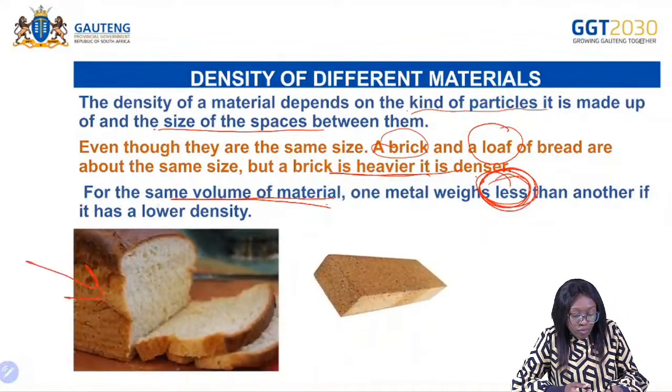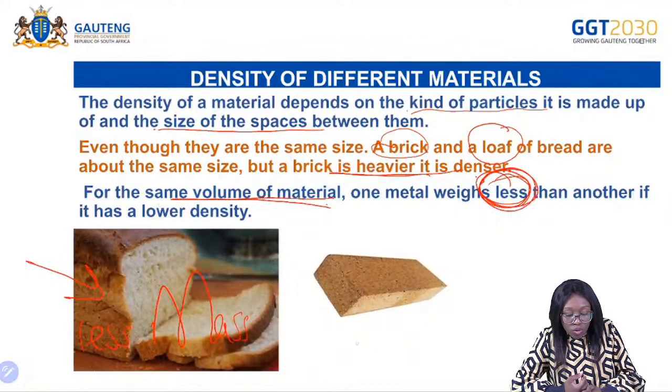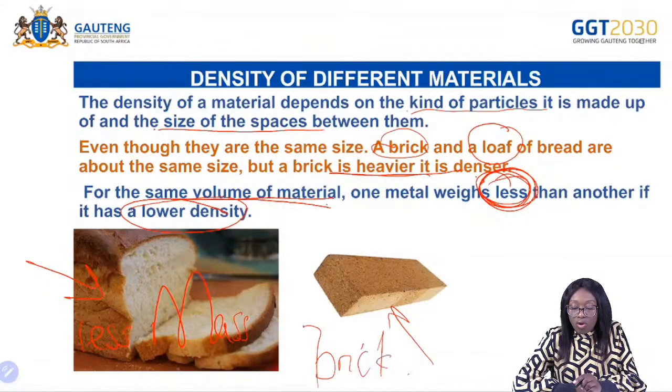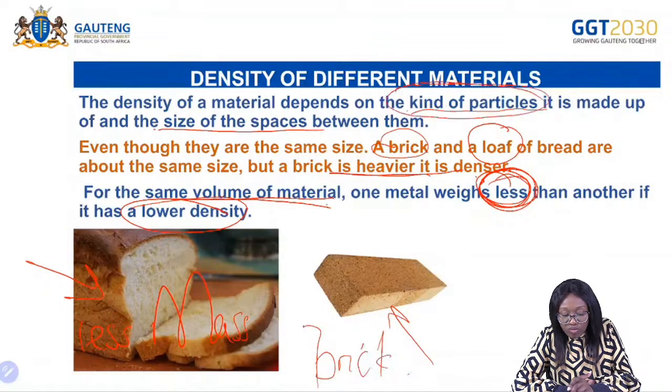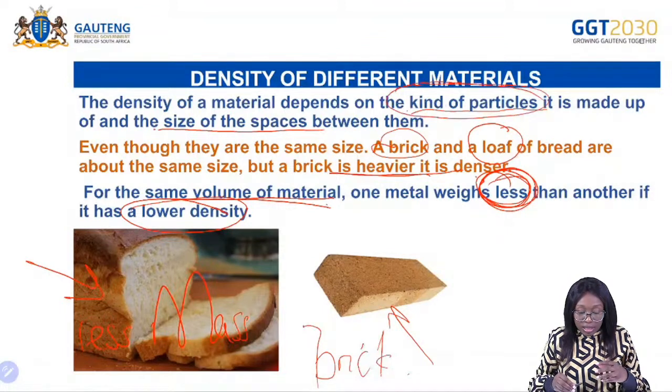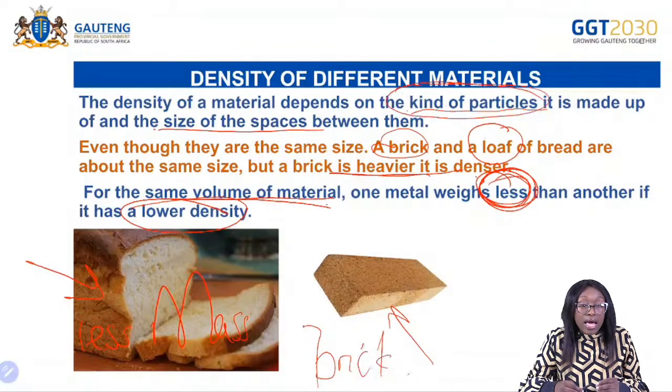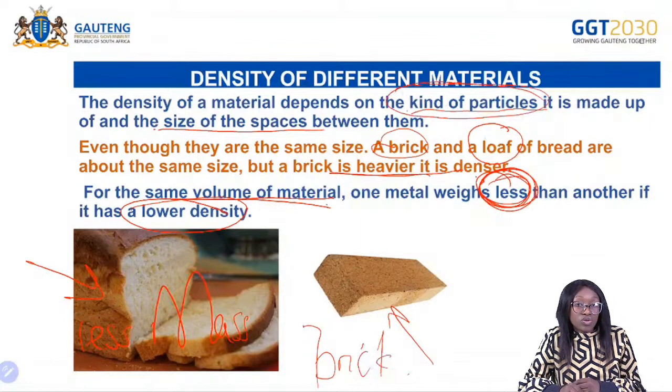So if the bread has a lesser mass, it's going to be less dense in comparison to the brick. So the density depends also on the kind of materials that the particles are made up of and the size of the spaces between them.